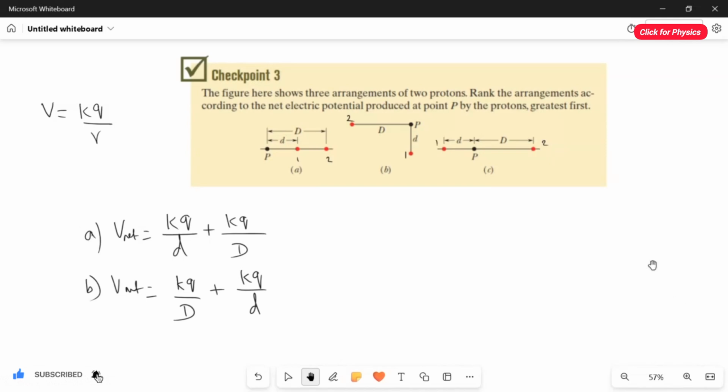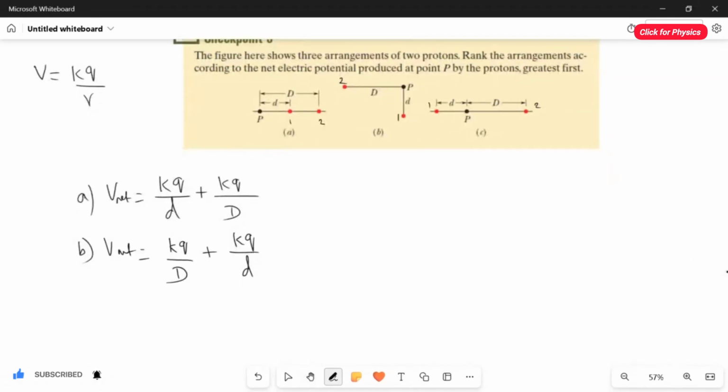And then for the third situation, the net potential is equal to, for this proton, the distance is d, so KQ over small d, plus, for this proton the distance is caps D, so KQ over caps D. Now we have the answer for net electric potential for these three situations.